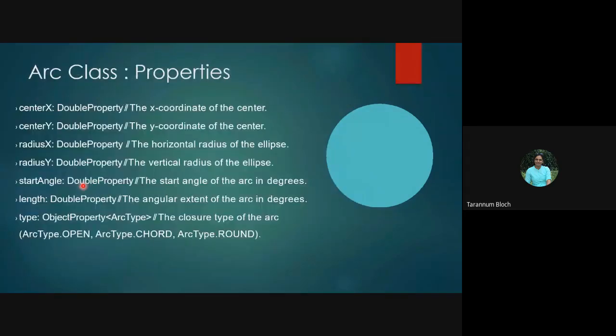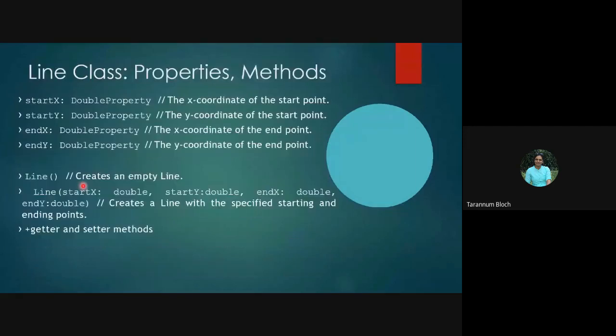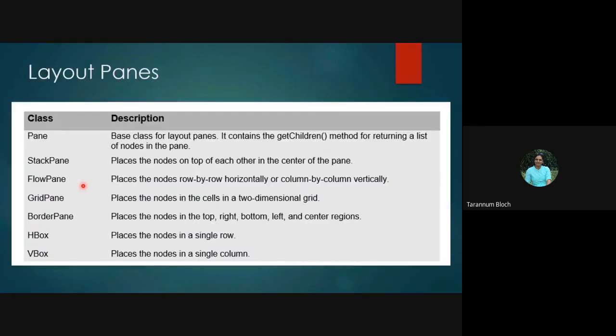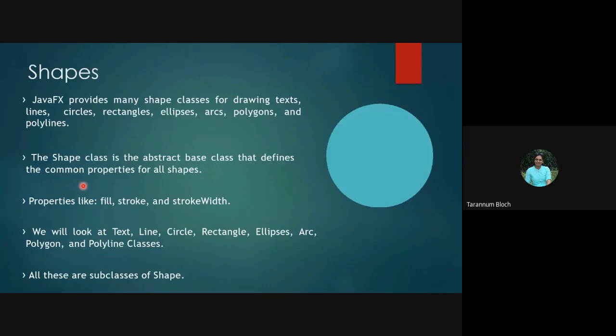In the shape, anyone having any doubt or question? We started with the layout. We said there are almost 7 layouts supported by JavaFX. That is deciding how to place the nodes over the window. And we have Pane, StackPane, FlowPane, GridPane, BorderPane, HBox, and VBox. We said Pane is the parent class of other panes, right?